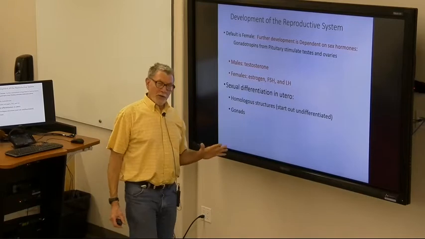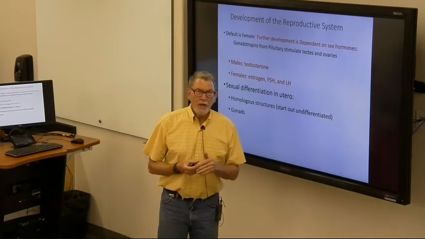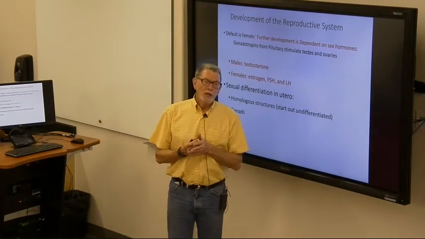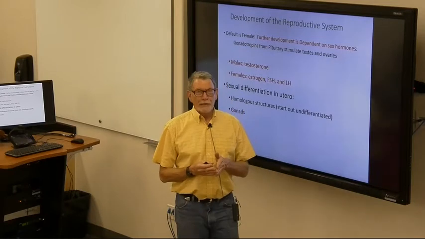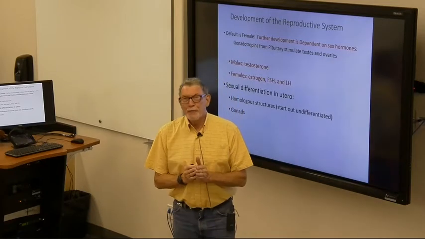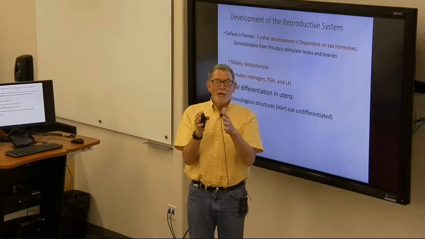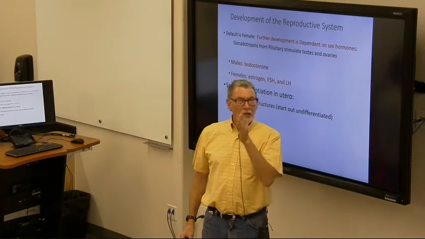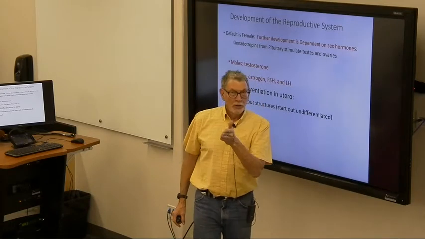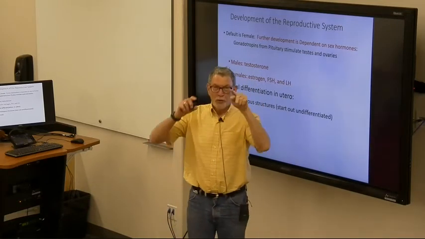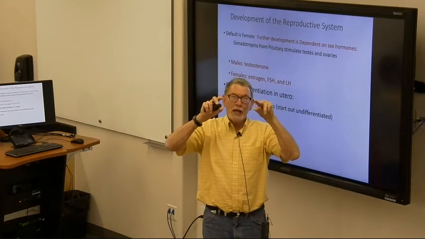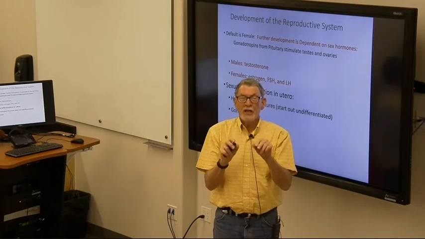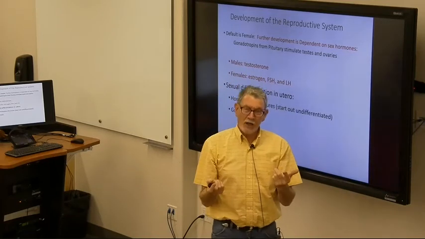So development of the reproductive system happens in utero, very early in fetal development. If you are designed to be a male fetus, the genetic Y factor causes your primordial gonads to become testes, and they start secreting testosterone.